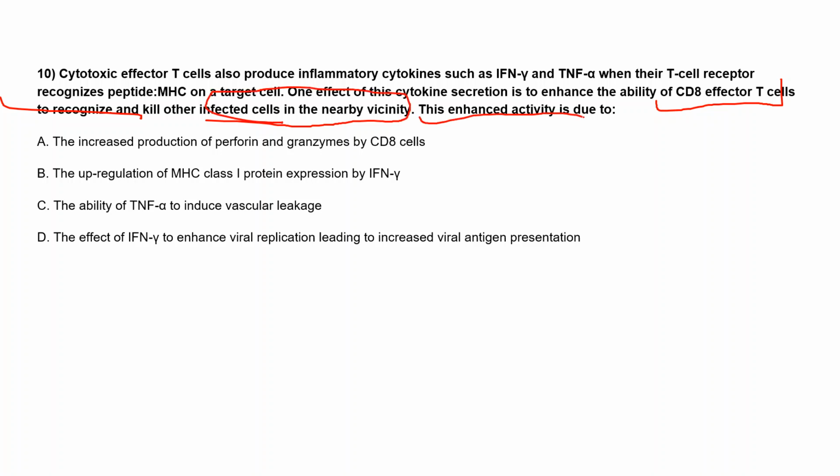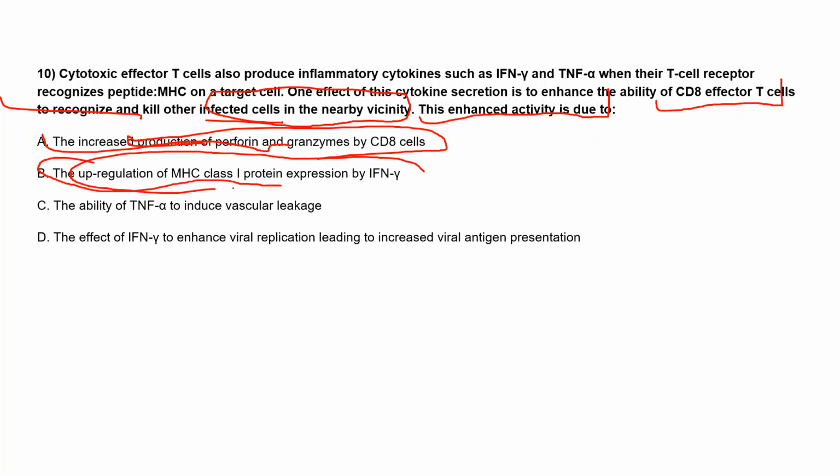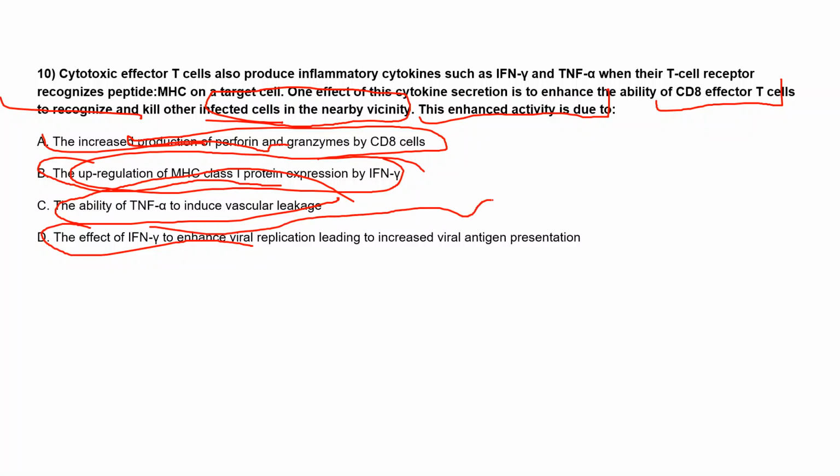This enhanced activity is due to: option A, the increased production of perforin and granzyme by CD8 cells; option B, the upregulation of MHC class 1 protein expression by IFN gamma; option C, the ability of TNF alpha to induce vascular leakage; option D, the effect of IFN gamma to enhance viral replication, leading to increased viral antigen presentation.